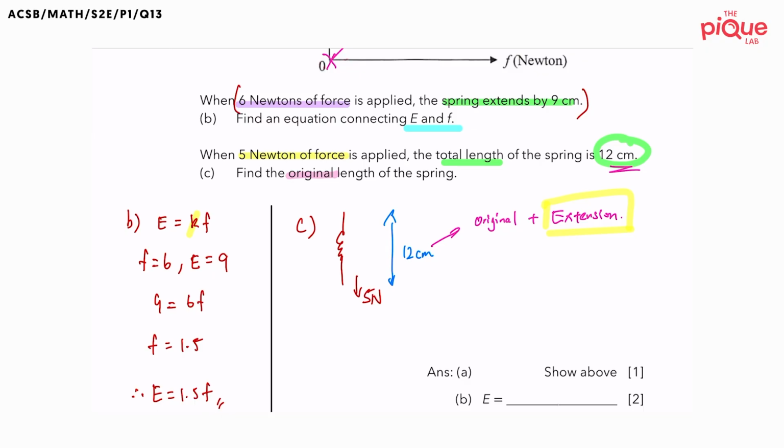So to do this, we will simply substitute a value of F equals 5 into the equation we found from part B. This will return us E equals 1.5 times 5, giving us an extension of 7.5 cm. And with the extension found, we can simply find the original length of the spring by taking 12 minus 7.5 to get 4.5 cm as our original length of the spring.